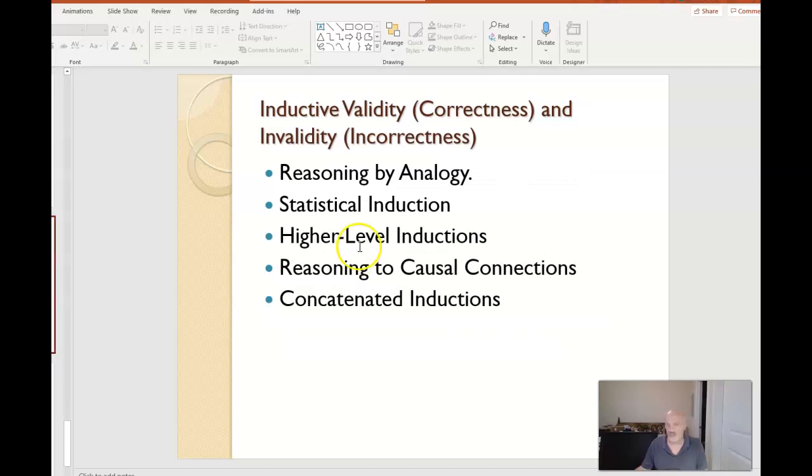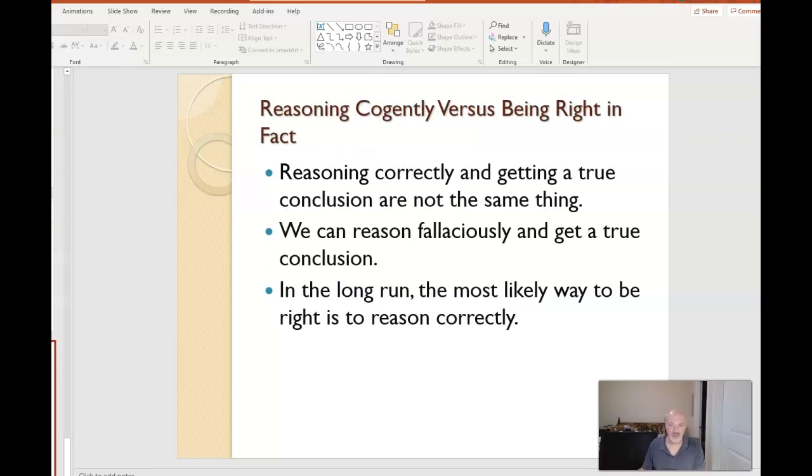As it says here, some examples, some categories: using analogies, using statistical inductions, causation, which again is what science looks for. All of this is inductive. So again, much of the rest of the book will be building off of induction, yet deduction is also consistently going to be relevant.